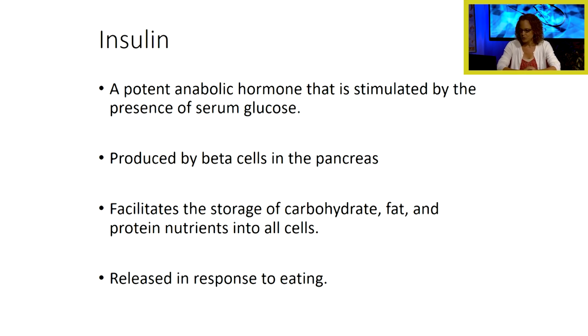We said it was produced by the beta cells in the pancreas, and it facilitates the storage of carbohydrates, which is the same thing as glucose or sugar, fats, and protein nutrients into all the cells of our body. And insulin is released in response to eating. So when we sit down and we enjoy a meal, insulin is released.